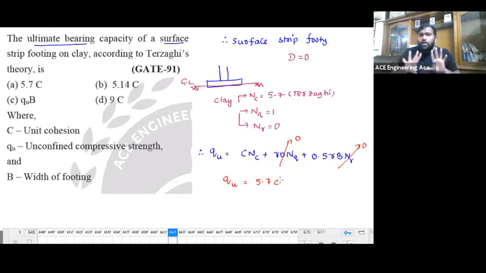What else remaining? Cohesion effect. Is it a strip? Yes. 5.7 into c. If I would have given base is smooth, then sorry, base is smooth means 5.14 c.